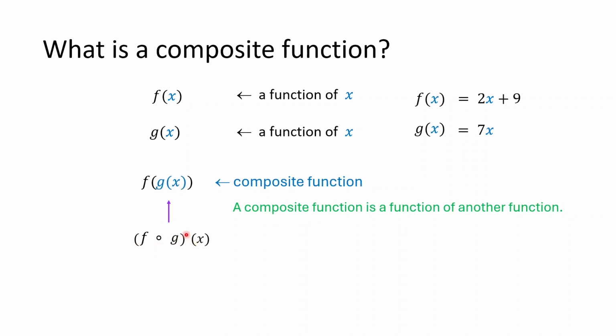This is the notation for this composite function. We read this as f of g of x. Next, I am going to do some problems and you will learn how to find composite functions.